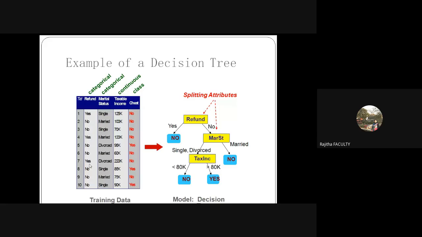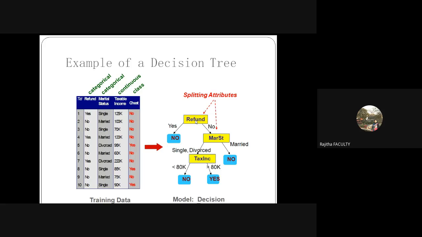Now you can simply write a rule: if refund is yes, then class will be no, right? This is one rule. Now one rule will become one path in your decision tree. Okay, one path in your decision tree. So you can see refund is yes, no. This is one path.